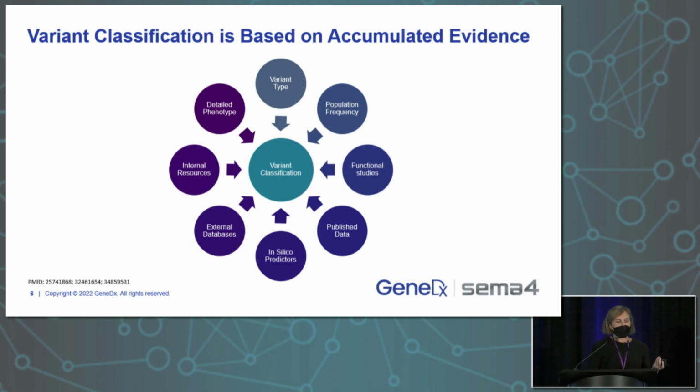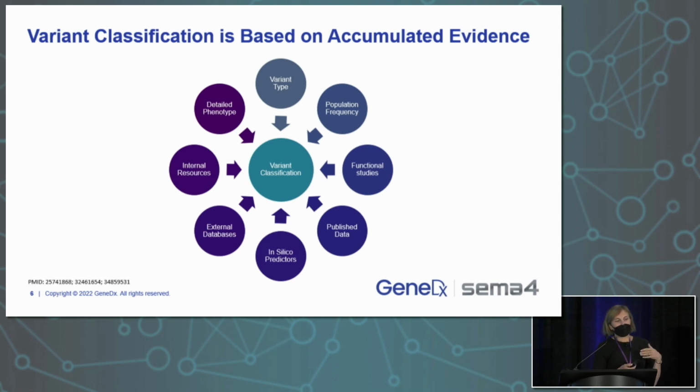We look at external databases, in particular one called ClinVar. ClinVar is a database that is available through an NIH-funded project called ClinGen. The ClinVar database is publicly available, and clinical laboratories like GeneDx and others send the variants that we've identified and the evidence to support our classification to these databases.